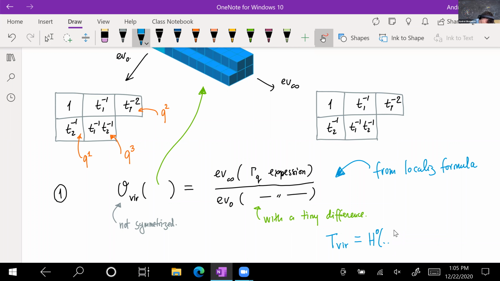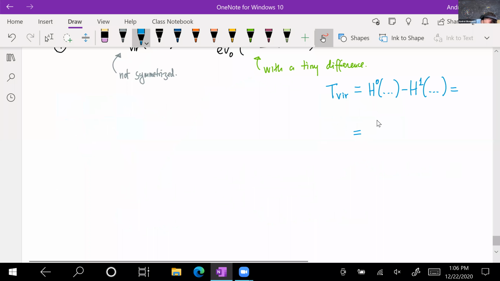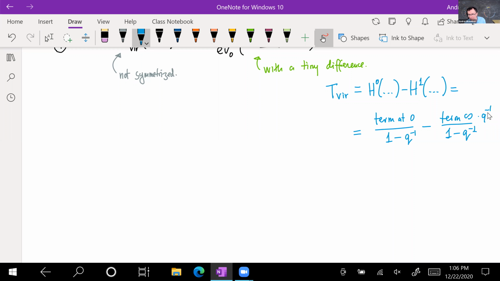So H naught of something minus H1 of something, and this I can compute as contribution of 0 over 1 minus Q inverse minus term at infinity over 1 minus Q inverse. Maybe to be absolutely consistent, that has to be multiplied by Q inverse here, but it doesn't really matter. Right? Everybody agrees?